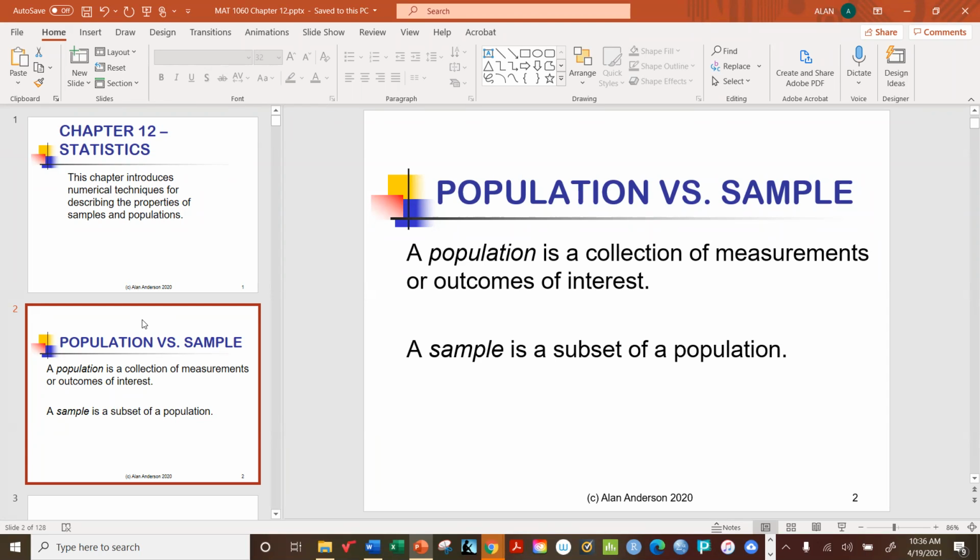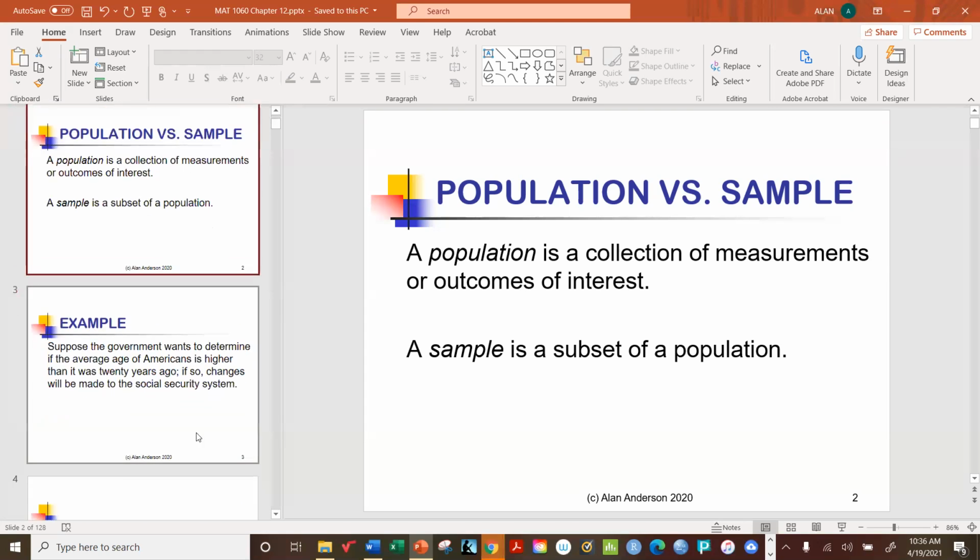So a lot of statistics is based on our drawing of samples from a population and trying to draw conclusions about the properties of that population. Now, of course, sampling has to be done very carefully, because if it does not truly reflect the underlying population, then the results that we get will be meaningless. All right, so that's a big deal. Now, sampling can be done in many, many different ways.